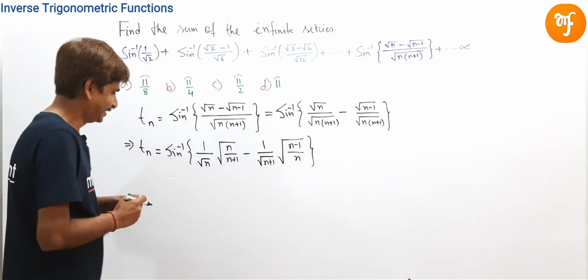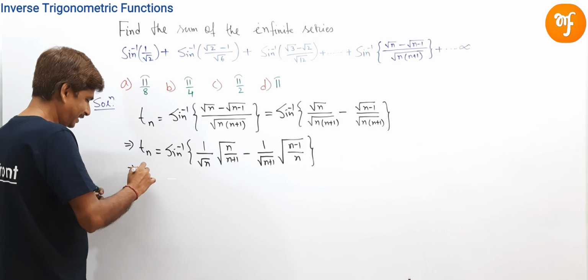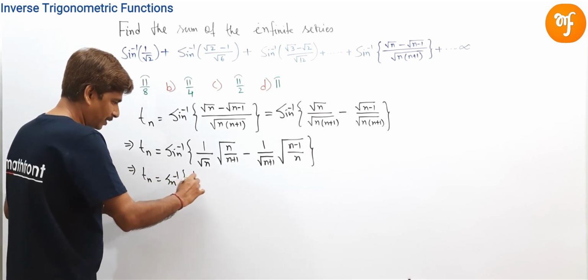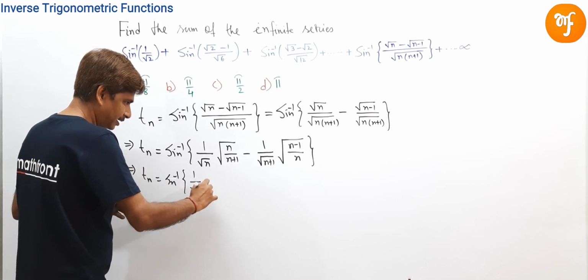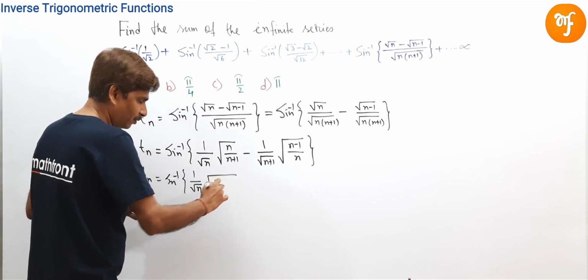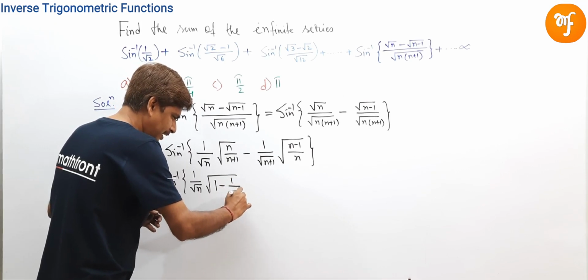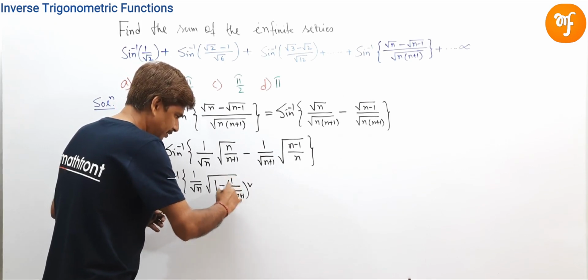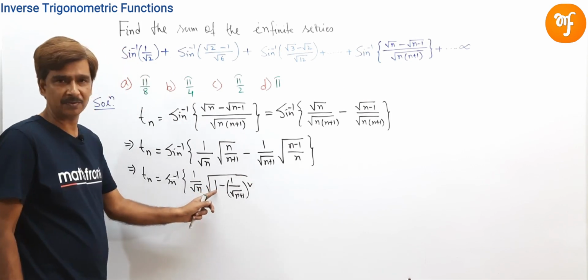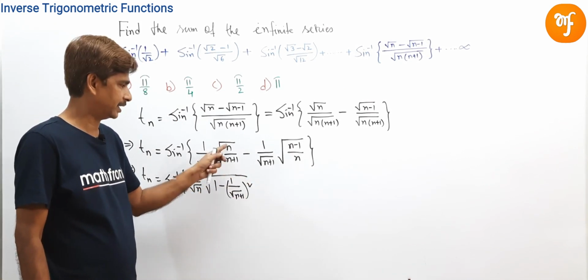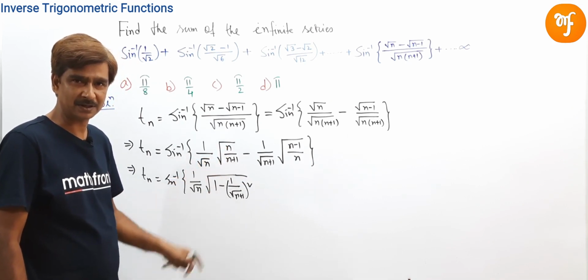So, look, Tn is sine inverse of 1 by root n into square root of 1 minus 1 divided by root over n plus 1 whole square. Because if we simplify 1 minus 1 divided by root over n plus 1 whole square, we get n divided by n plus 1.